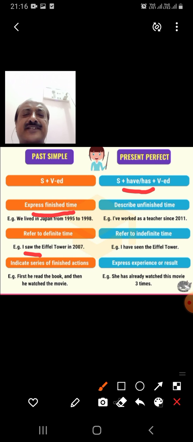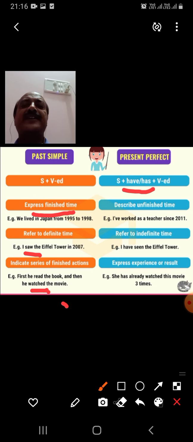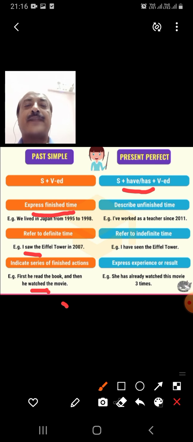Indicates series of finished actions. First he read the book and then he watched the movie. So here we change the pronunciation into read. That means I have already read this story. I have read this book before. And then he watched. Watch is present tense, but when we add ed, it changes to past tense. I watched the movie.